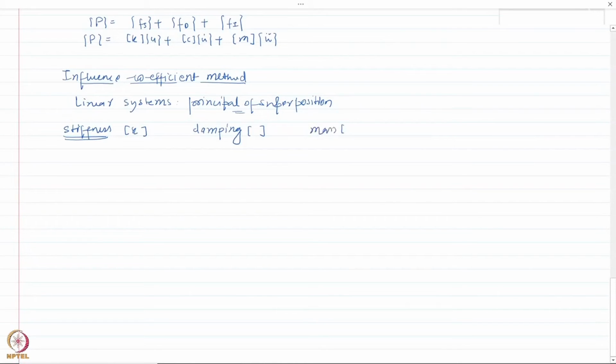Most of the time, you will see that we only find the stiffness and the mass matrix, and the damping matrix we typically find using a damping ratio that is obtained experimentally and then combining the mass and the stiffness matrix.